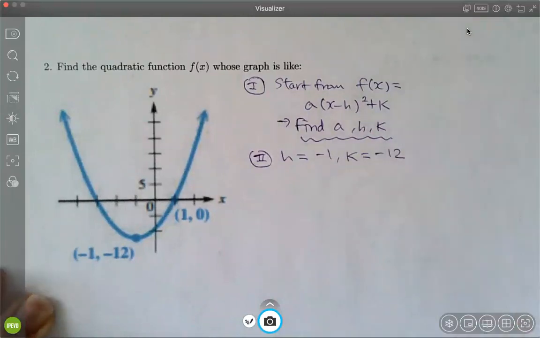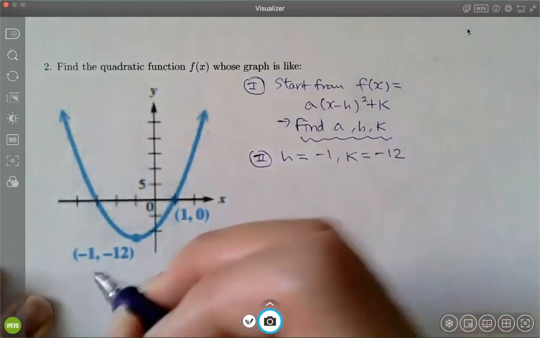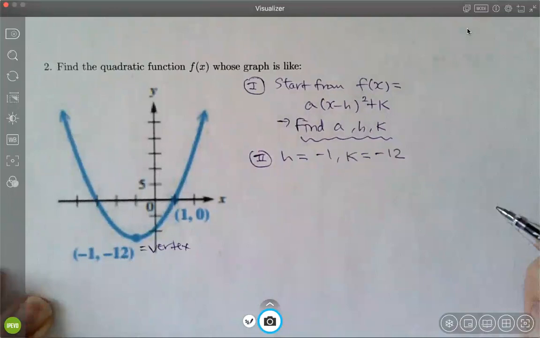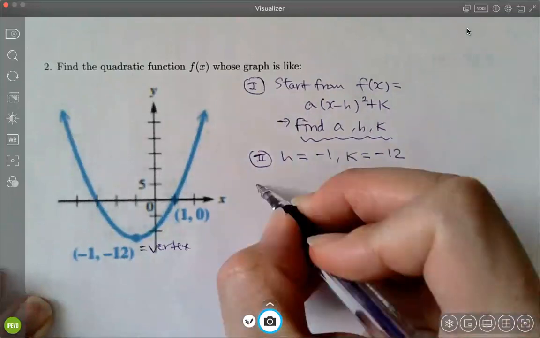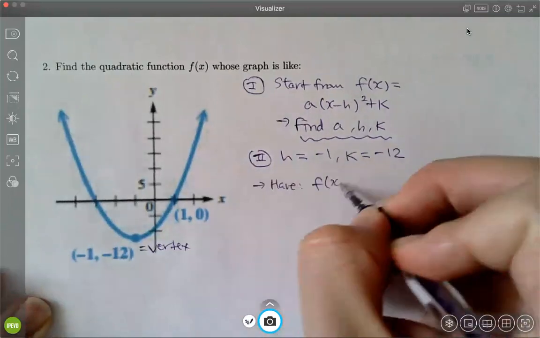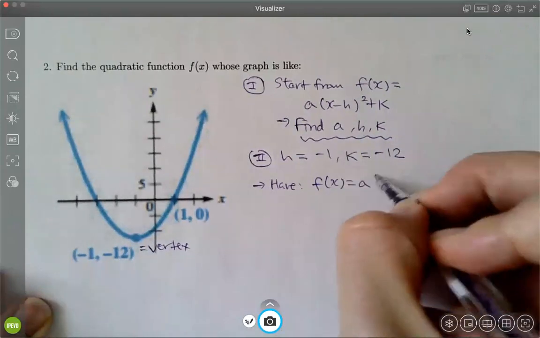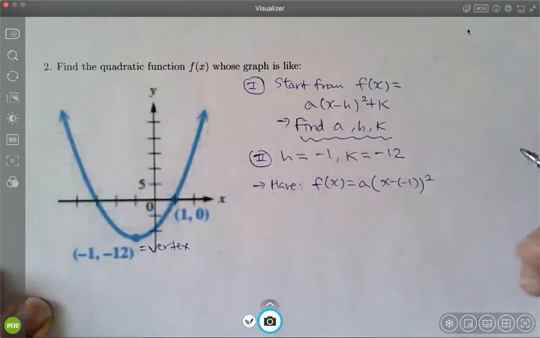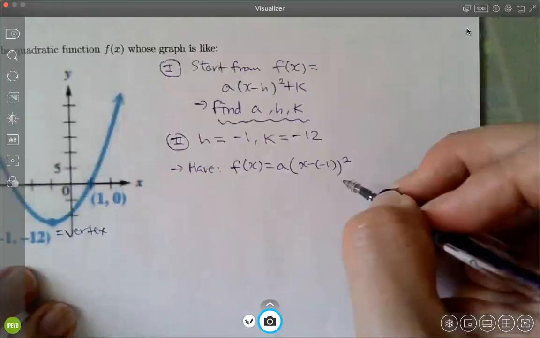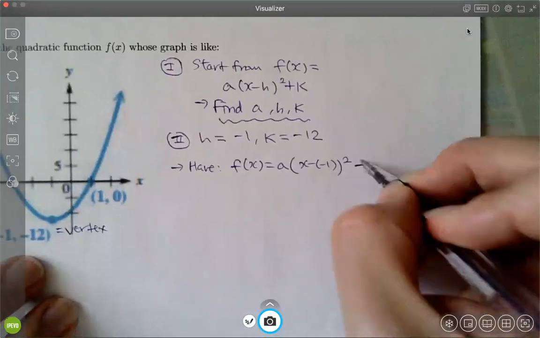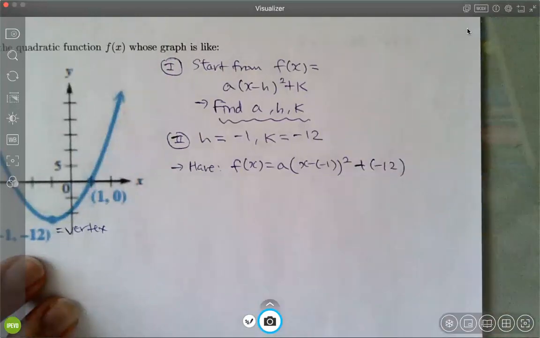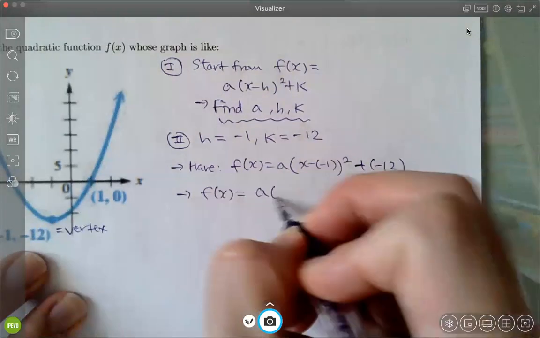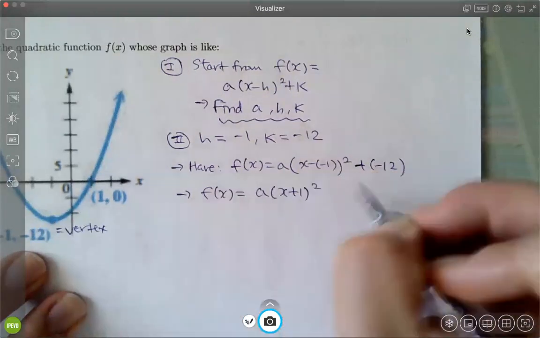So that's the vertex, and that's why we get these two values. So what do we have? We have f of x equals a times (x minus -1) squared plus -12, which is equal to what? f of x equals a times (x plus 1) squared minus 12.